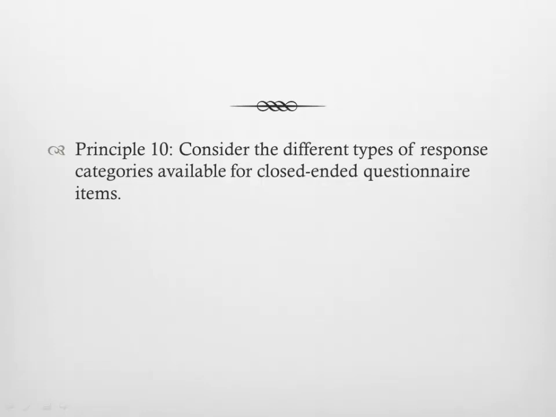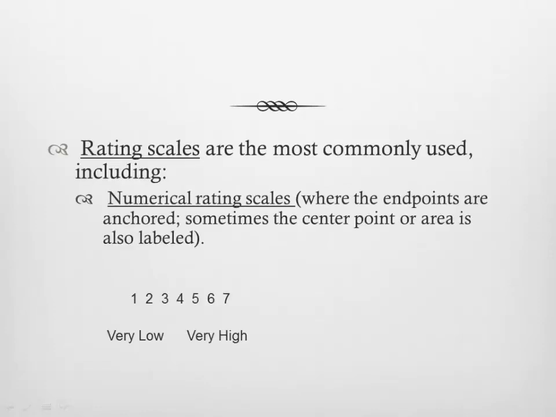Consider the different types of response categories that are available for closed-ended questionnaire items. You have a variety of different potential response options. In a questionnaire, for example, rating scales, which are the most commonly used, include numerical rating scales where the endpoints are anchored and the center point may or may not be.